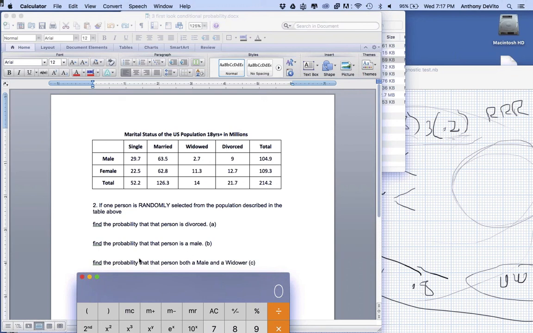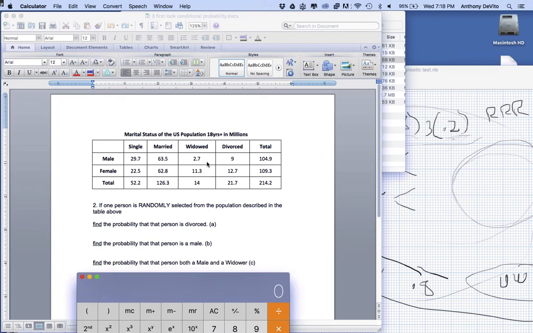If I had phrased it differently and said find the probability that a person is male or a widower, that would be the union, right, turned upside down, of the probability of being male and the probability of being a widower. Anyone that's male would be qualified, so that would be 104.9 plus the females that happen to be widowed, which would be 11.3.